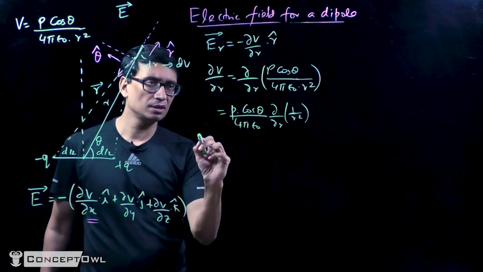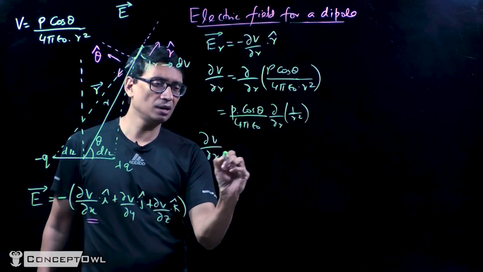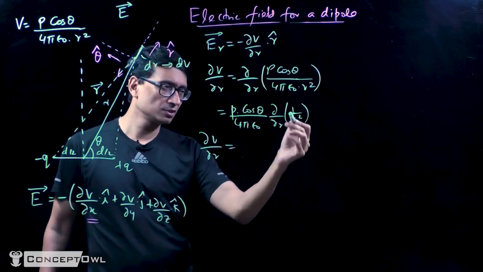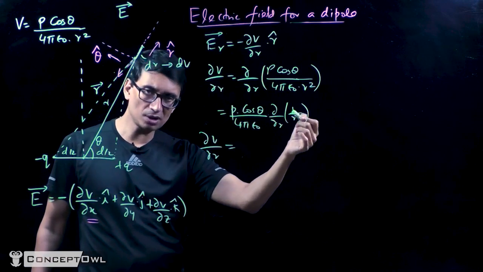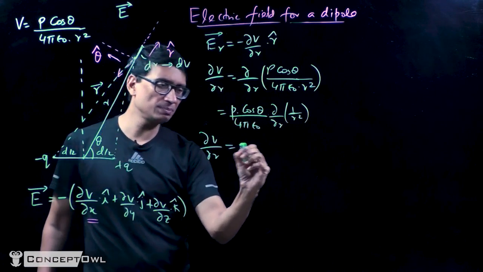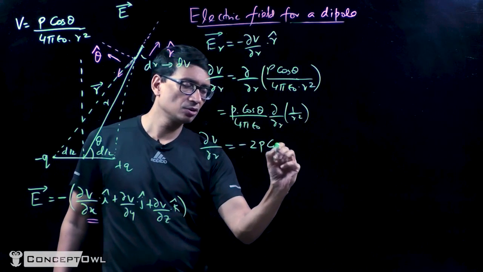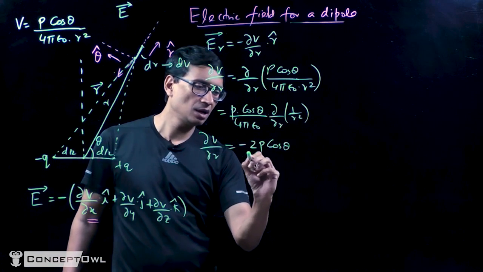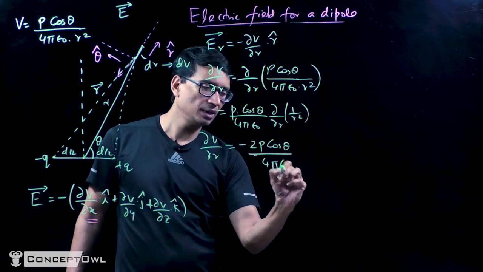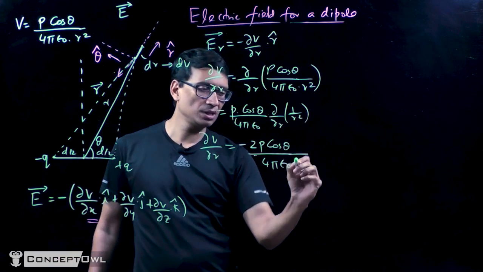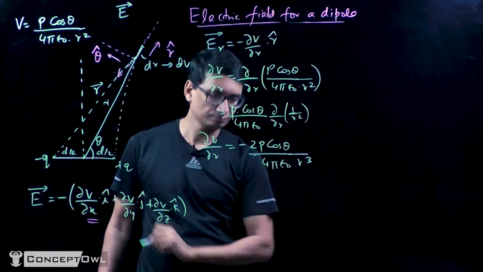So del V by del R is equal to minus 2 P cos theta upon 4 pi epsilon naught R cube.